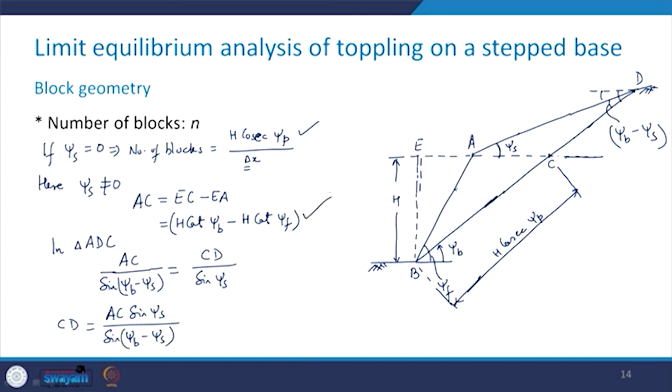Now, AC we have obtained here, so just substitute it here. What you will get is H, cot psi b minus cot psi f in a bracket, into sine of psi s divided by sine of psi b minus psi s. This is what we are going to get.